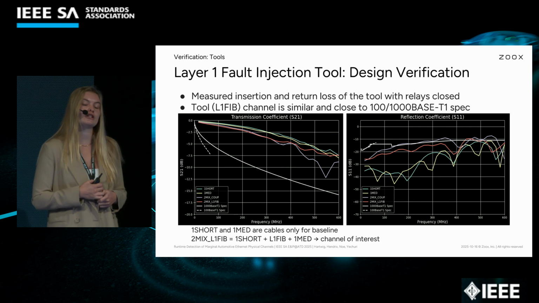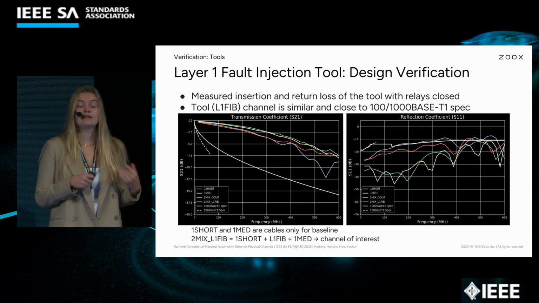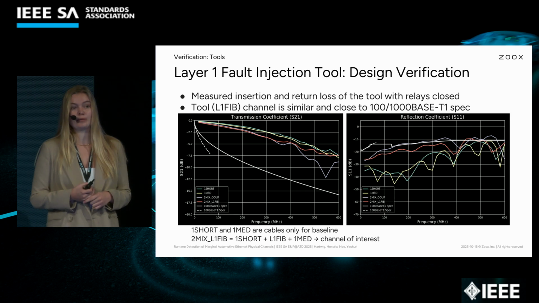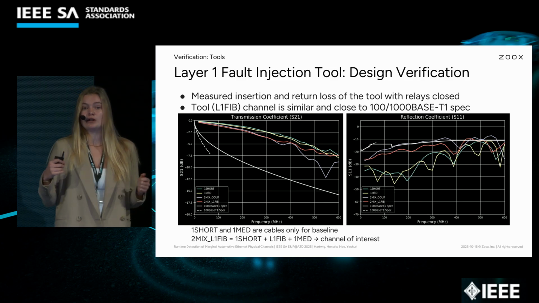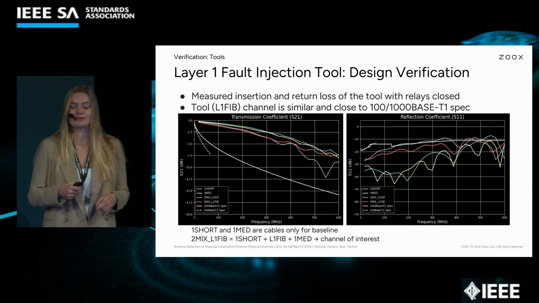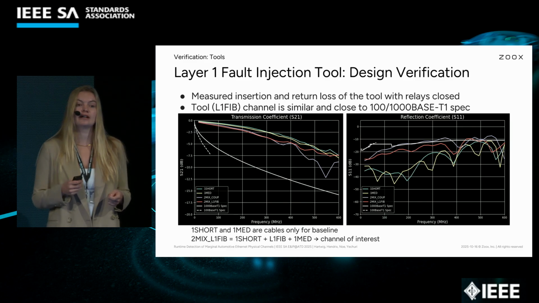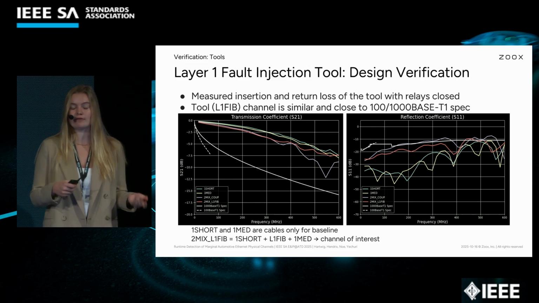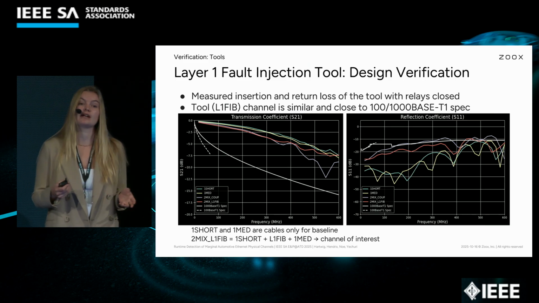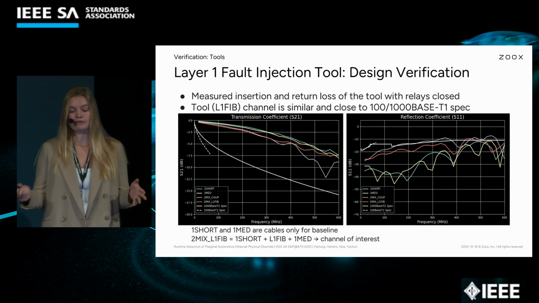Now, if we move over to the right side of the plot, we're looking at return loss. This is a ratio of our reflected power to our incident power. We want low reflection, so we want to be below the Ethernet spec for this particular metric. The green and yellow reference lines are for our reference cables, and they remain within the spec for the entire frequency range.